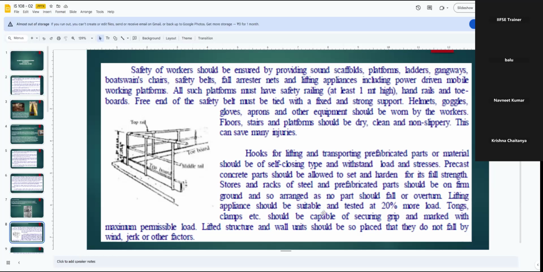And lifting appliances should be suitable and tested at 20% more load. The tongs and clamps should be capable of securing grip and marked with the maximum permissible load. The lifting structure wall units should be placed so that they do not fall by a wedge, a jerk, or any other factors.